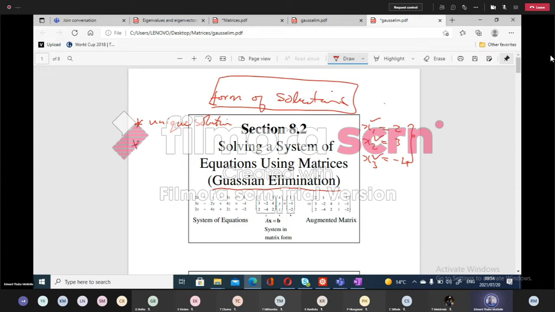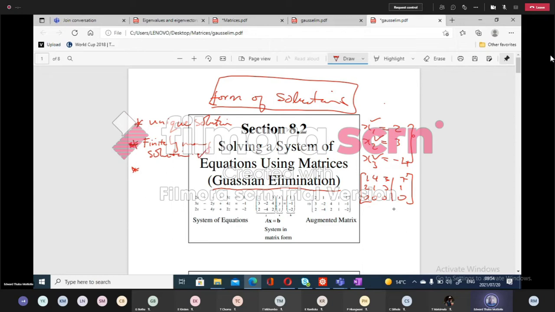The second solution that you can get is infinitely many solutions. When you solve a system of equations and you end up with, let's say it's 3 by 3, a row of 0, 0, 0, with say 2, 1, 3 and 1, 4, 3, 7, 1 in the other rows, you'll end up with many solutions.